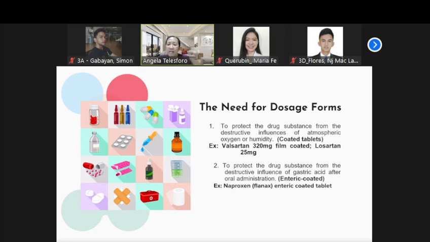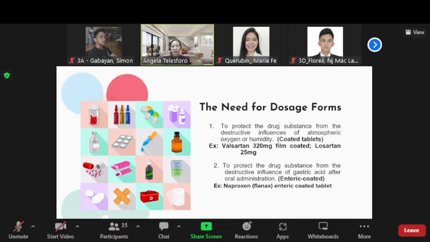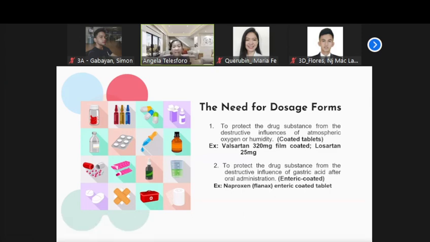So to protect that, kailangan instead of them being absorbed in the stomach, kailangan sa intestine na lang. Kasi di ba remember the stomach is already acidic in nature because of the presence of hydrochloric acid. Tapos inom kag tambal, increase ang acidity, so maghapdos imong tiyan.